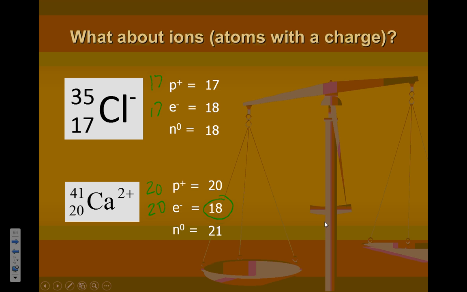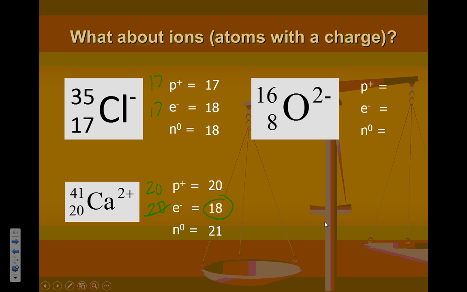When we have a +2 charge, that meant we had to lose two of those. And that meant we now only have 18 electrons. So 20 positives, 18 negatives, yes, does cancel to +2. So it works.